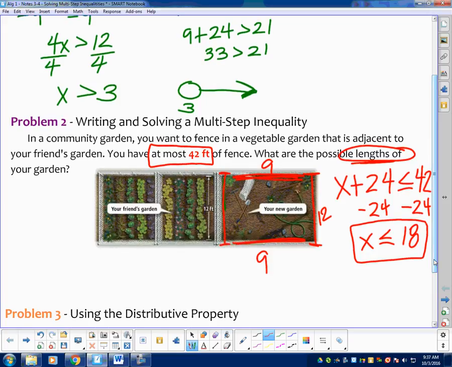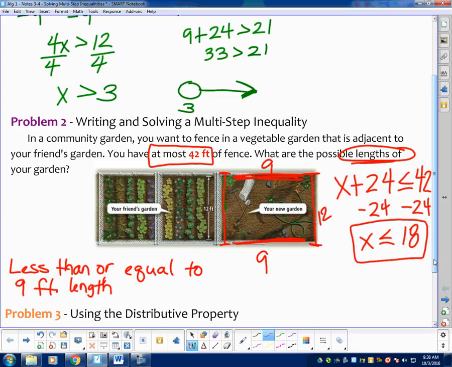So less than or equal to 9 foot length for the garden. Okay? That makes sense?